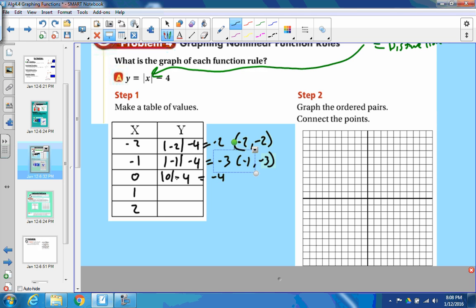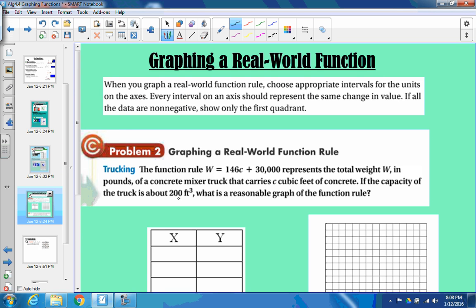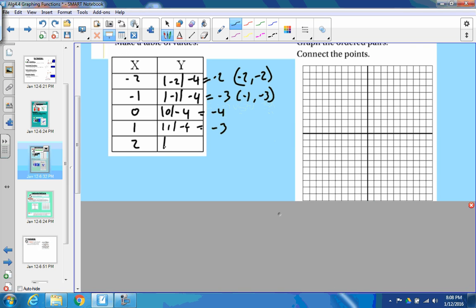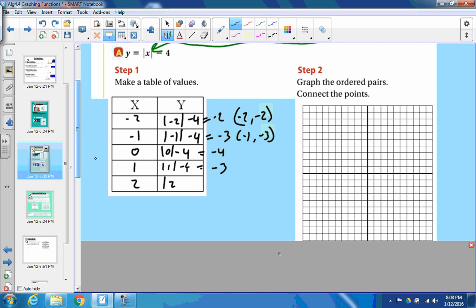Absolute value of 1 is 1. Minus 4 would be negative 3 again. Interesting that we have another negative 3. And then the absolute value of our last one is 2, so it's 2 spots away from 0.